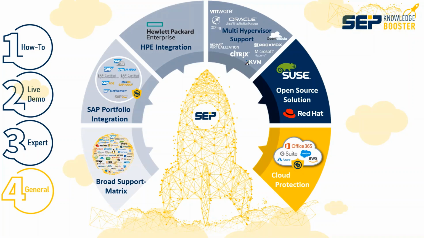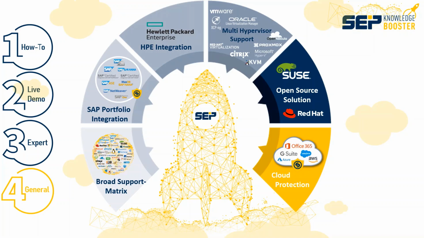Last but not least, we see the market going cloud. With our Cloud Application Protection Service products, we help you to back up your Office 365, G Suite, Salesforce, or Microsoft Dynamics environment. With Office 365, we back up the full set of features like Exchange, SharePoint, OneDrive, public folders, and Teams.